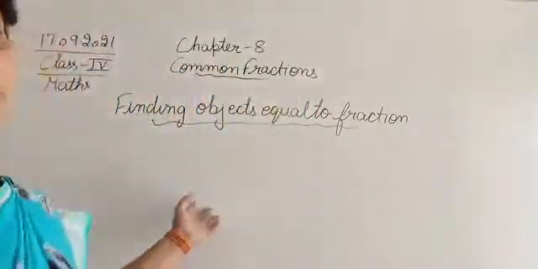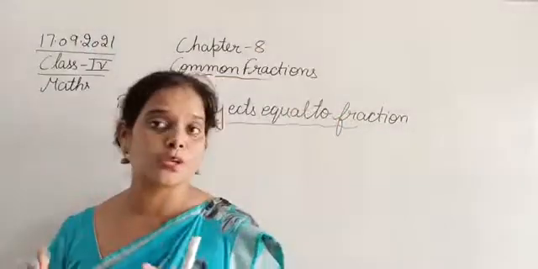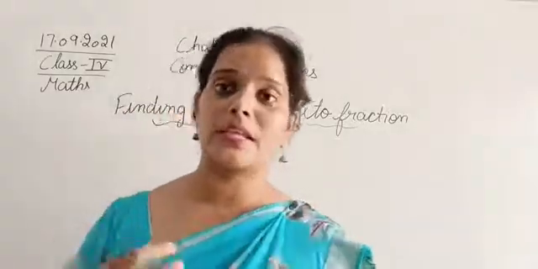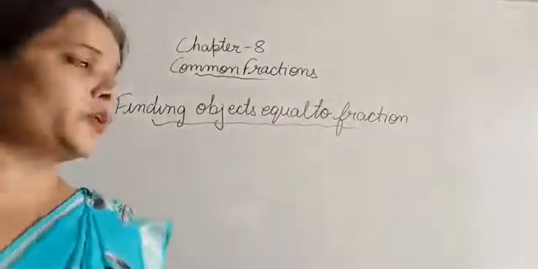This is the topic that we will do in the next session. Now we are going to represent the given fraction. Whatever fractions we have, how do we convert them into a number form or a number digit. So that is our next topic, finding objects equal to the fraction.